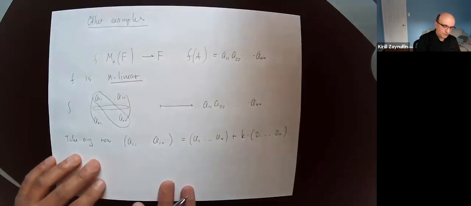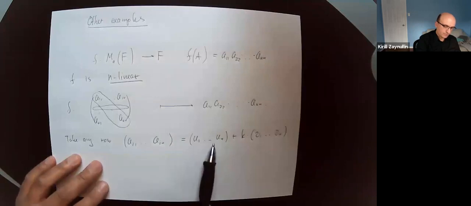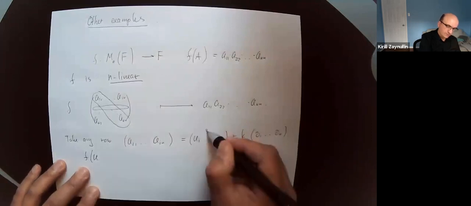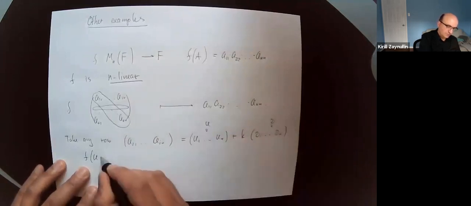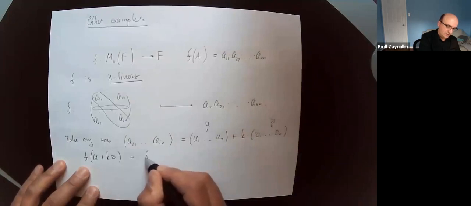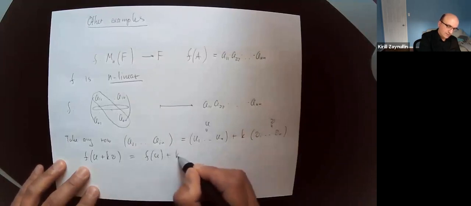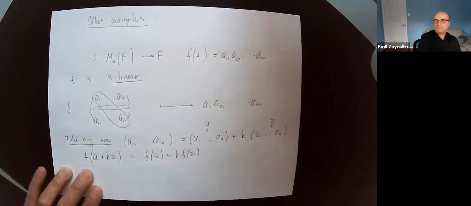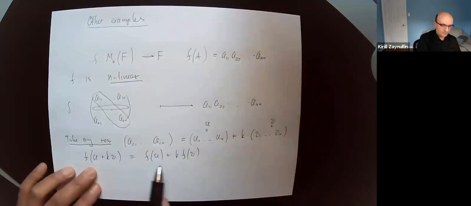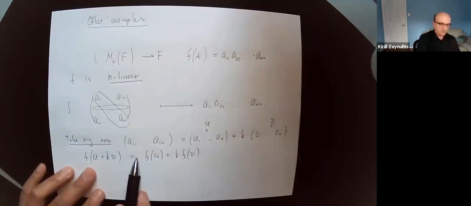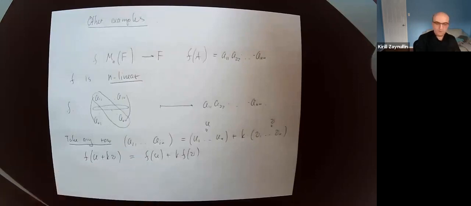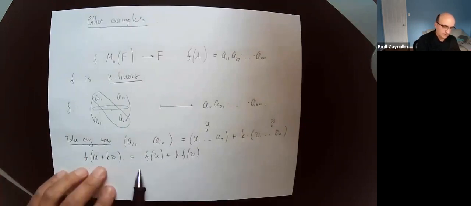What do we want to check? We want to check that if we apply f to u plus kv, where u is my vector u and v is my vector v, then it's the same as f of u plus k times f of v. We would like to have this property for each row, because it has to be multilinear, not just for one chosen row. But of course, you can just choose the ith one, the general one, and see what happens.